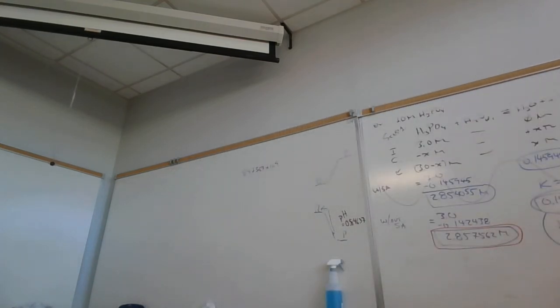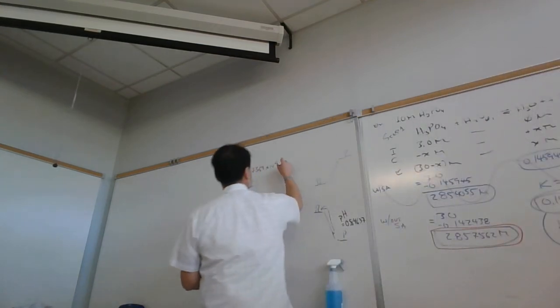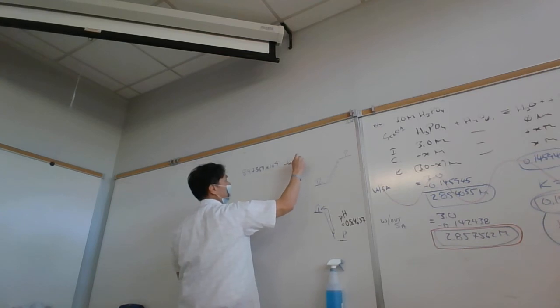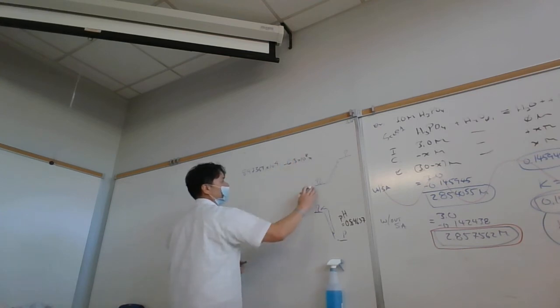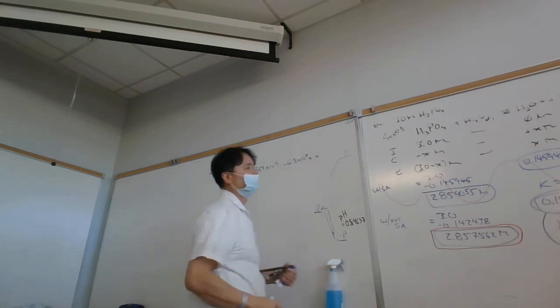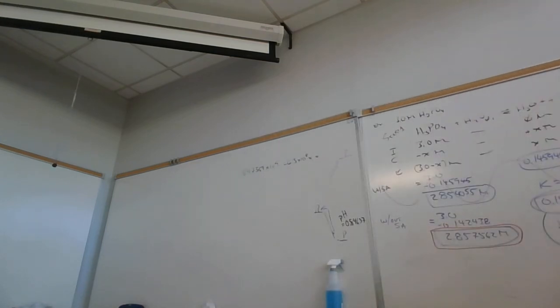And then minus 6.3 times 10 to the minus 8 x is equal to x squared plus 0.142438x.